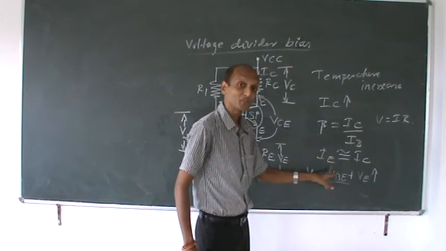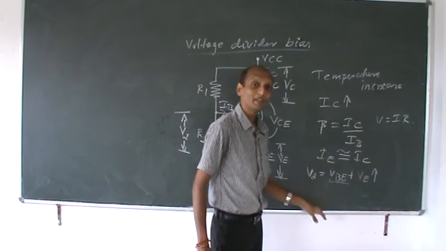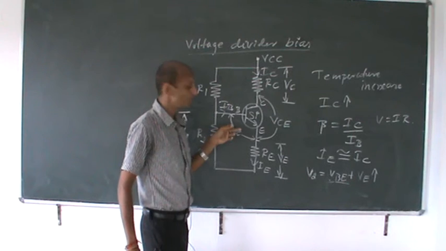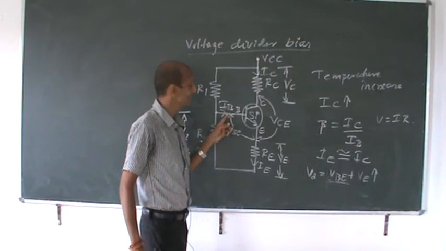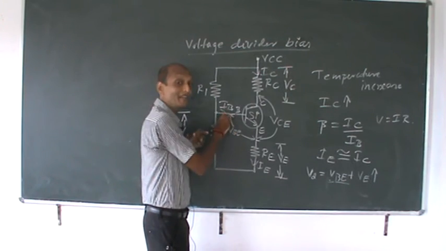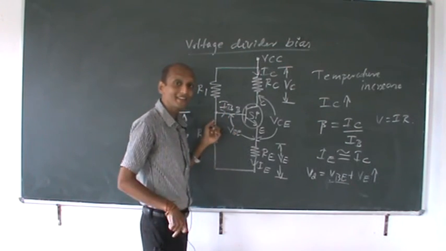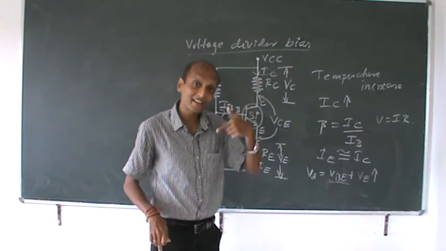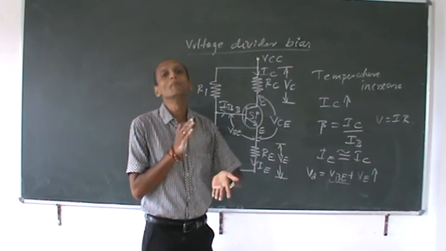As the VBE voltage decreases, the current also decreases, IB decreases. As IB decreases, the IC which has increased before will decrease in the same proportion.